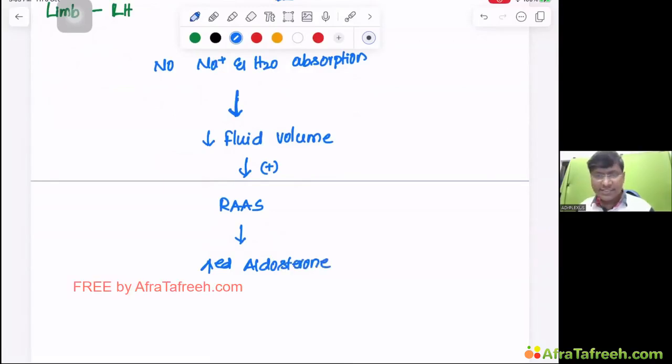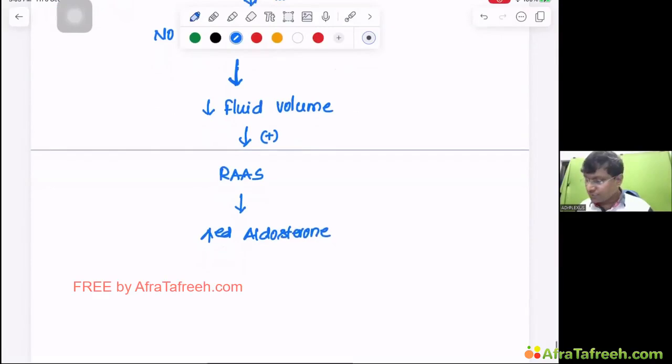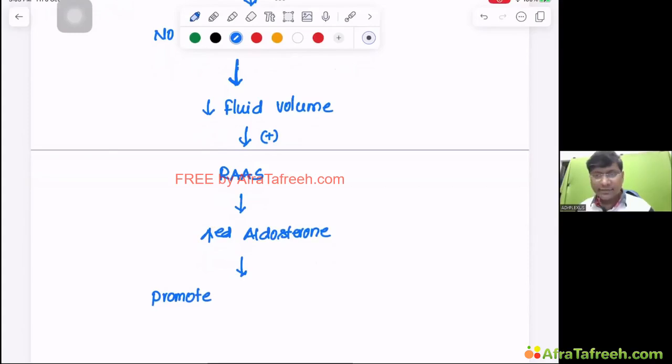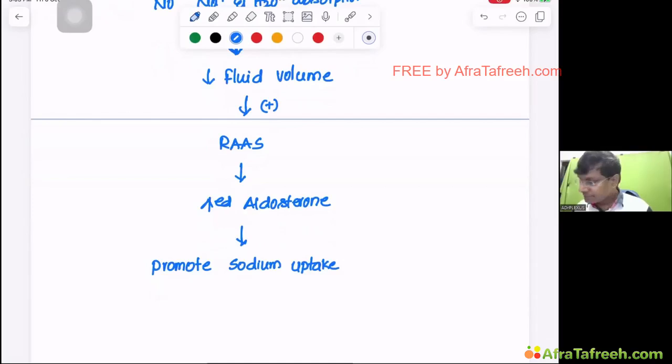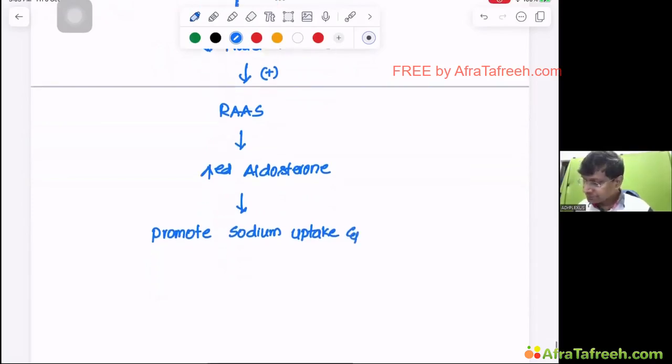Once there is increased production of aldosterone, that will promote sodium uptake and potassium excretion.